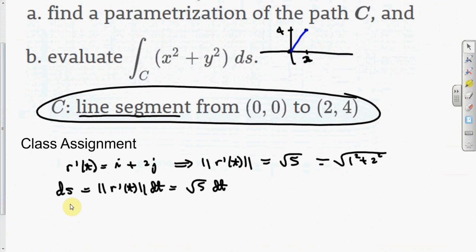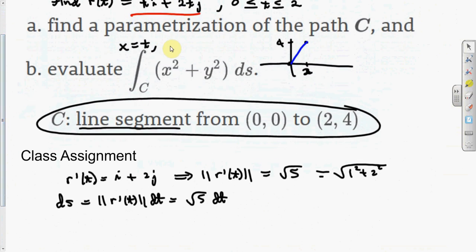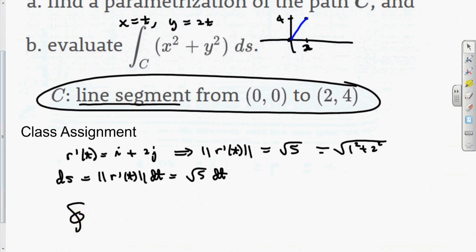And here we're reading x to equal t. That comes from up here. And then we're reading y to be 2t. So we have this line integral from 0 to 1. We got that square root of 5 sitting out in the front there.